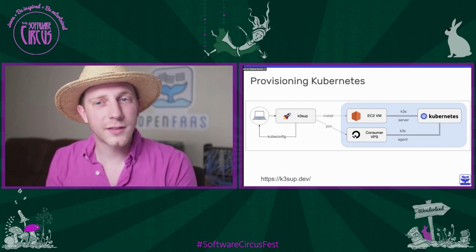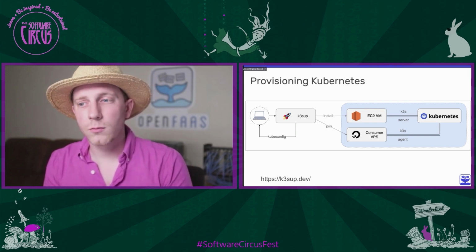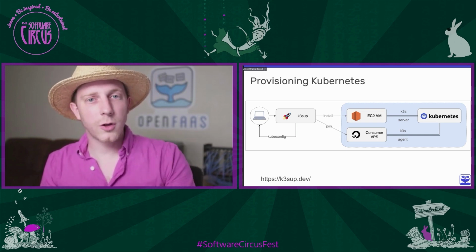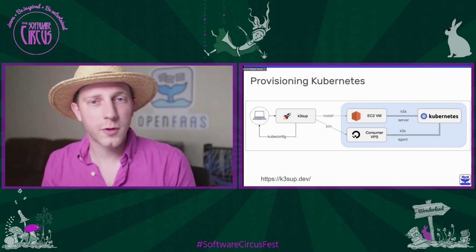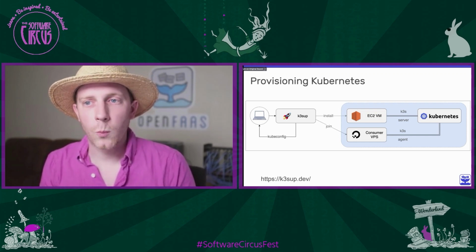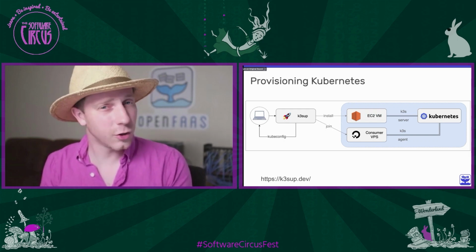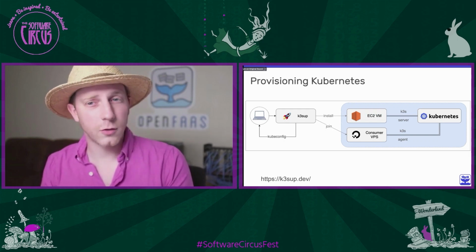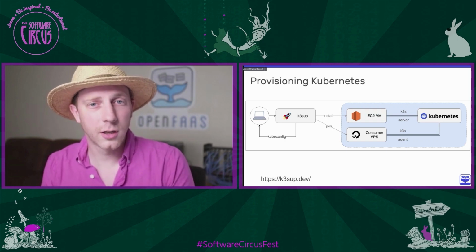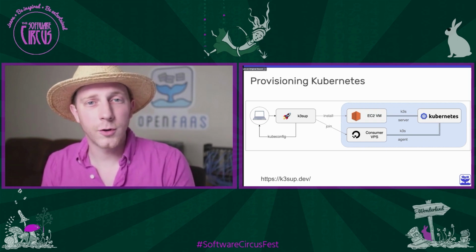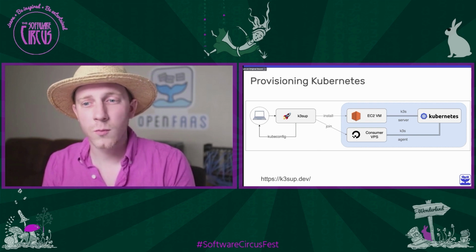Now, this uses SSH, and that's it. At the end of it, you'll get a kubeconfig. It's super, super fast. I actually used it on my Raspberry Pis. And K3S will give you production-ready Kubernetes. It is good for the edge, but that's not the only place you can use it. You can actually use it wherever you want, and you can pay Rancher for commercial support if you need to.